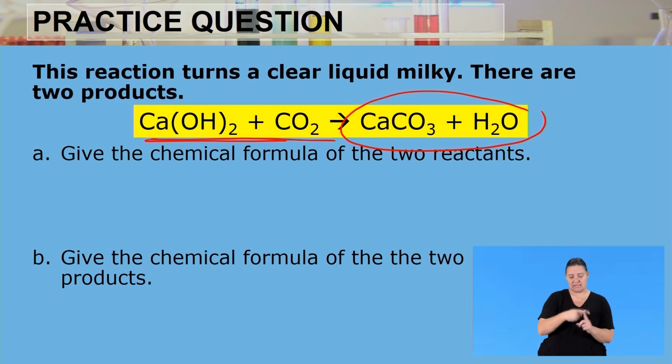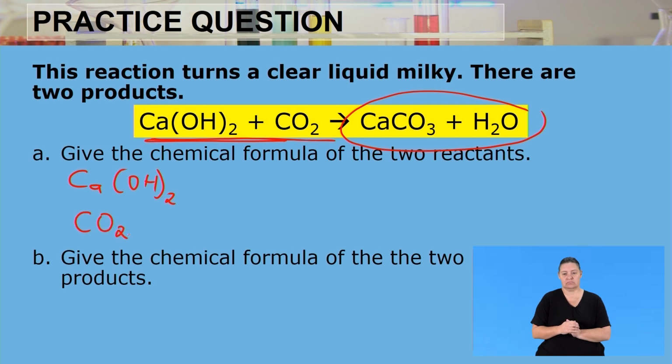So our reactants are Ca(OH)2 and CO2, because those are written before the arrow, on the left-hand side of the arrow. Then the next question asks us to give the chemical formula of the two products from this particular chemical reaction.